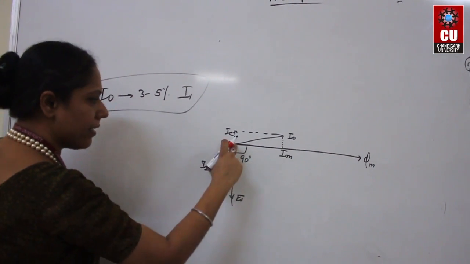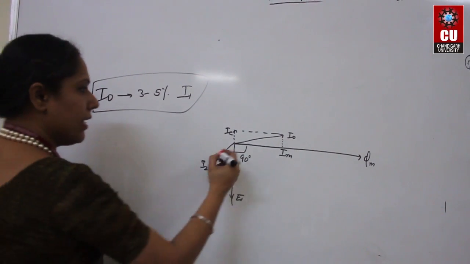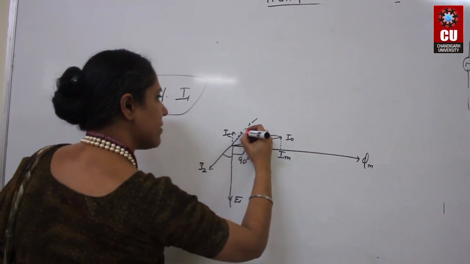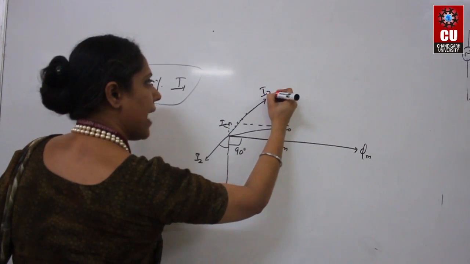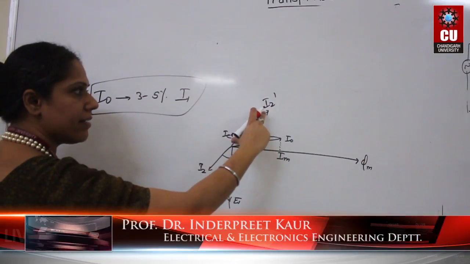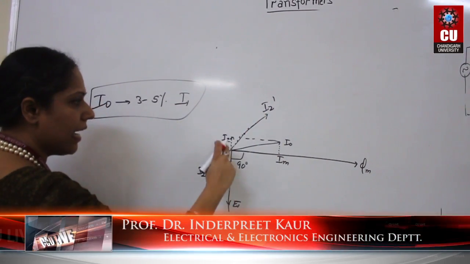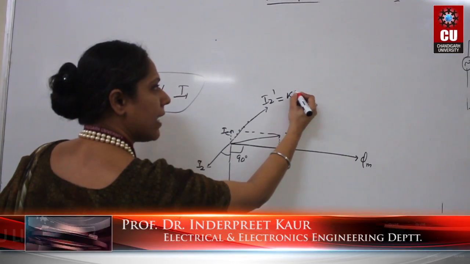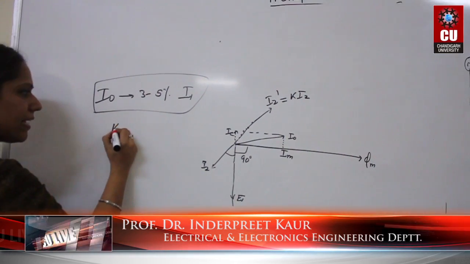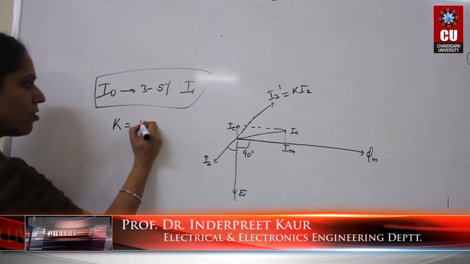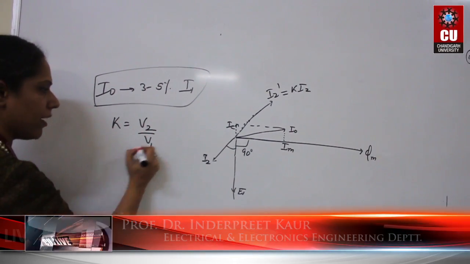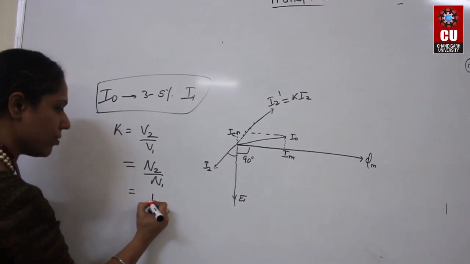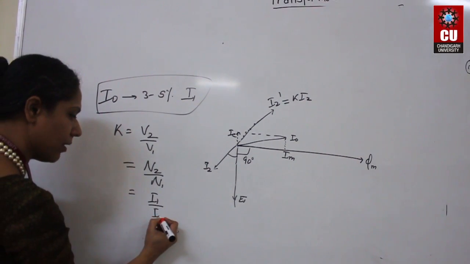The phase opposition of this current, that is I2 dash, as discussed earlier, is basically in phase opposition to I2 and its value is equal to K times I2, where K is the transformation ratio, which is normally equal to V2 upon V1, or N2 upon N1, or I1 upon I2.